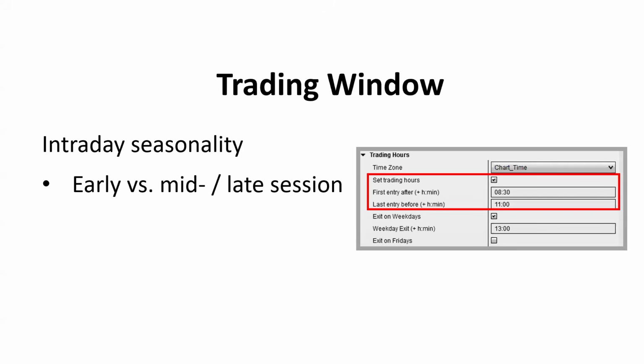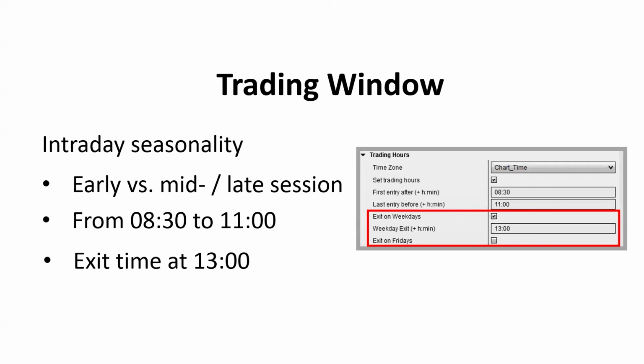So, for example, I'm based in Europe, and I prefer to take trades in the early part of the session here. So I might define my window from 8:30 to 11. And so if a signal triggers at 10:59, that's still a valid entry. But that doesn't mean that the position will close at 11:01. That's the exit time, which is something different.